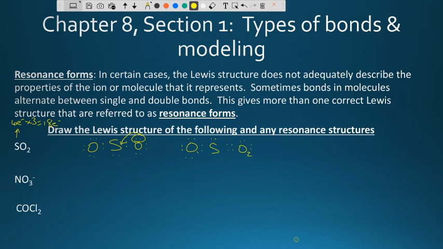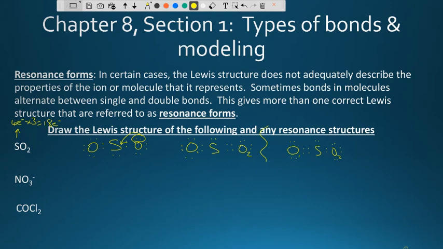But nothing says that it had to be these electrons that moved. Perhaps it was from this one. And so even though it seems kind of like cheating, really what could happen is my other oxygen could be doing that double bond as well. It doesn't matter if these lone pairs are on top or bottom, but do know that my first oxygen might have the double bond instead of my second.